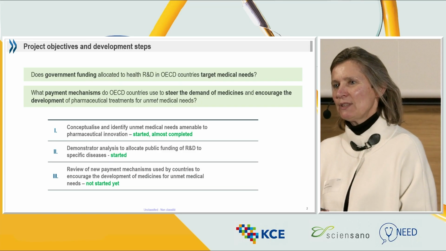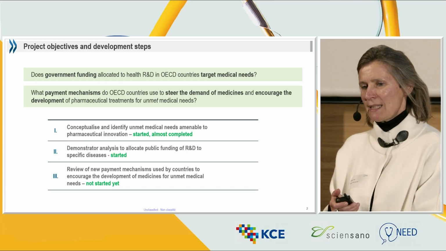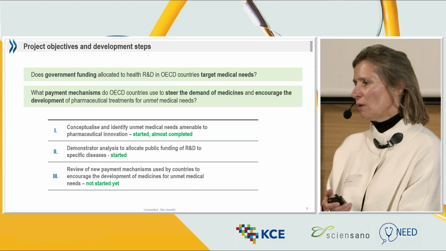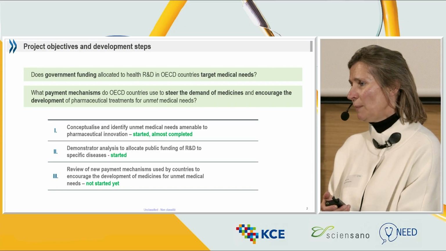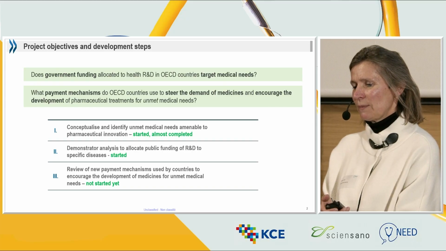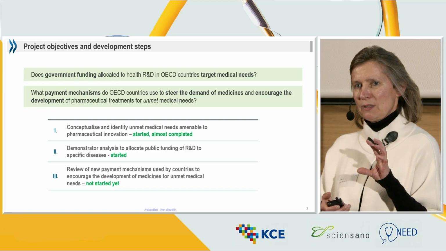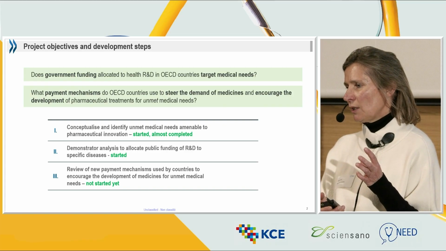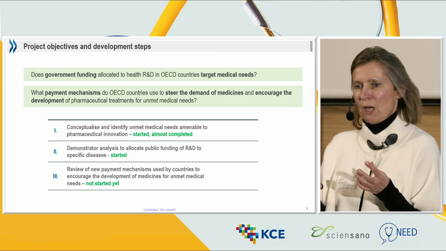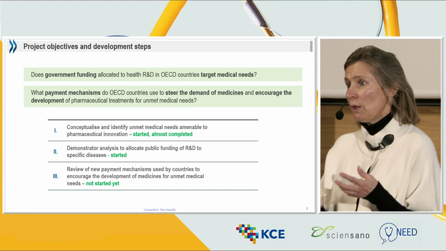The objective of this project is to look to what extent government funding for R&D is targeted to the highest unmet need in terms of pharmaceutical innovation. But we will look at the problem under different angles. First, we will try to define what are the unmet needs which could be available to pharmaceutical innovation, where we need drugs.